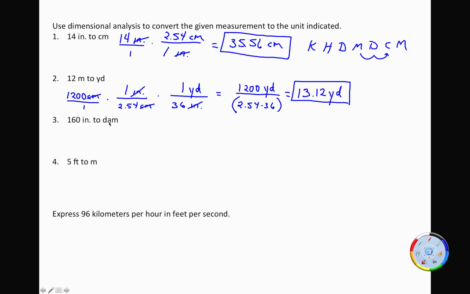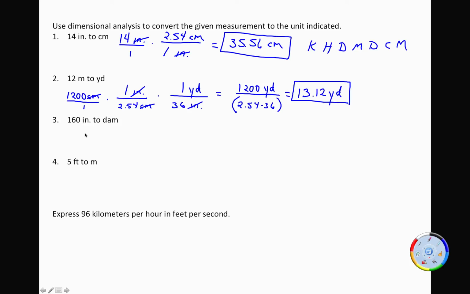Inches to decameters. Notice the A in there, so I know this isn't the deci, not the fractional, but deca. All right, so again, my only conversion to get me in and out of the metric system is this: 1 inch is 2.54 centimeters. Since this is inches, I can get right to centimeters.